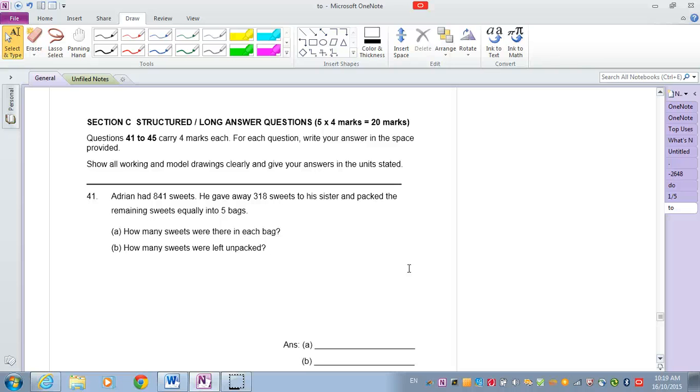First of all, let's understand the question. He had 841 sweets. He gave away 318. Let's first find out, after giving away to his sister, how many sweets he is left with. So what must we do? We have to use 841 minus 318.